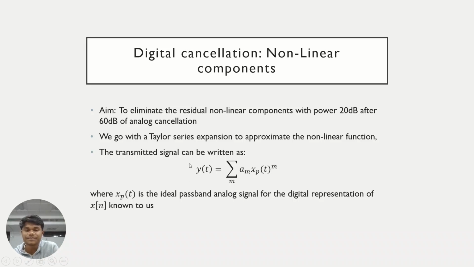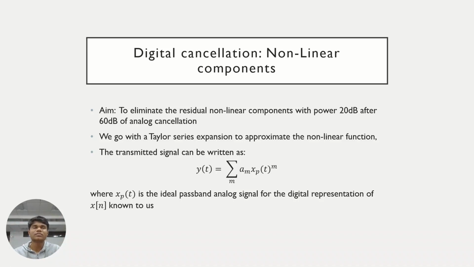using this formula, which is y of t is equal to sigma m till M, am xp of t raised to the power m. Now, here xp of t is the ideal passband analog signal for the digital representation of x of n, because we know the signal that we are trying to transmit in the digital form, but we do not know what it is going to be in analog.